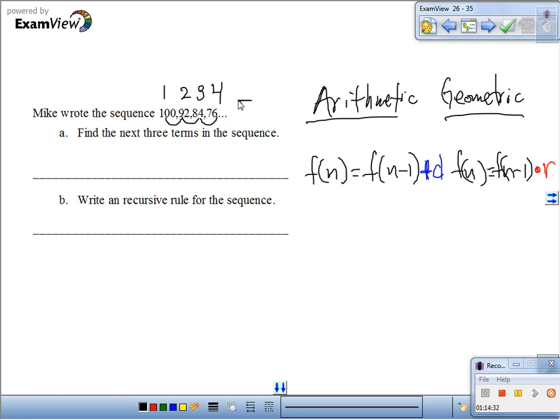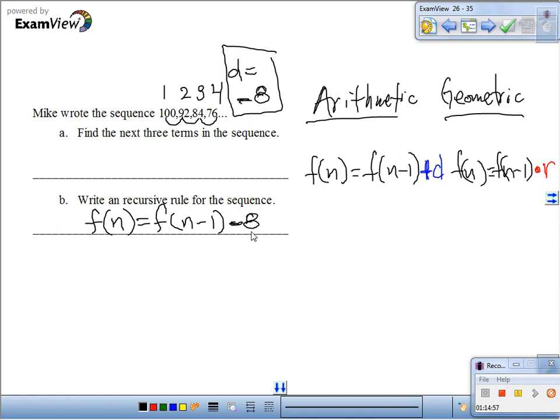So subtracting 8. Is that the letter D or the letter R? D, because they're adding or subtracting. So D will be equal to -8. So what is my recursive rule? Here it goes. F of n equals f of n minus 1, and then minus 8.